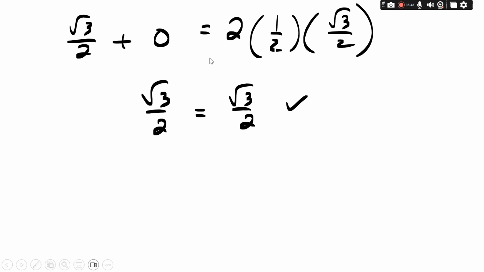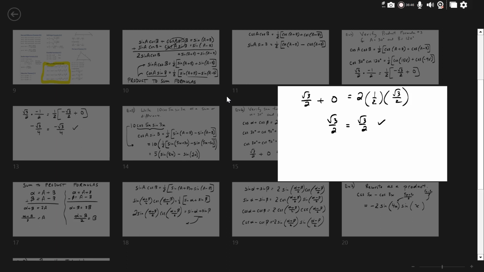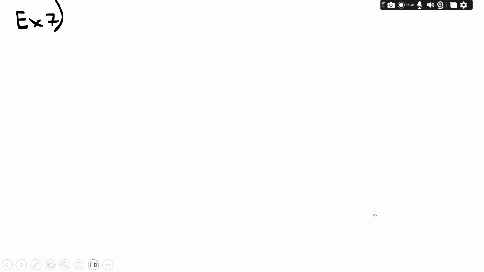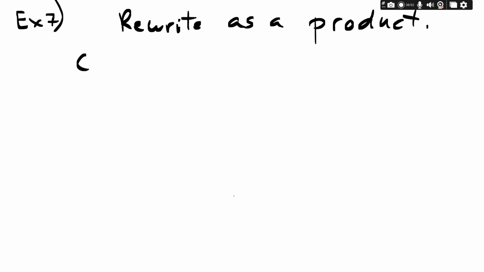All right, down to the last 2 example problems we have. Can you rewrite this as a product? So it looks like I have a, technically we call it a sum, right?